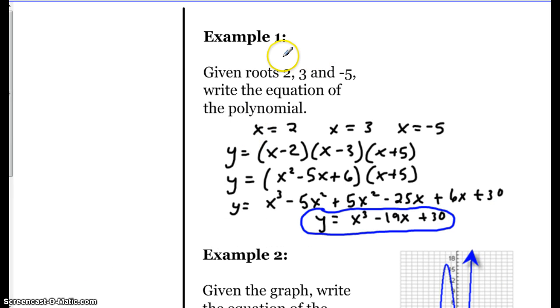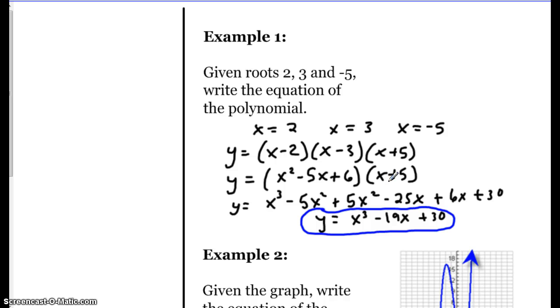Okay, for example 1, our steps again, our first step, once we have the roots, is to write them as solutions. So here's my first step. Now we're going to write them as factors. And now we're going to multiply them out. So whenever you have 3 binomials that you're multiplying, you first multiply the first 2, then you'll multiply the trinomial by the binomial.